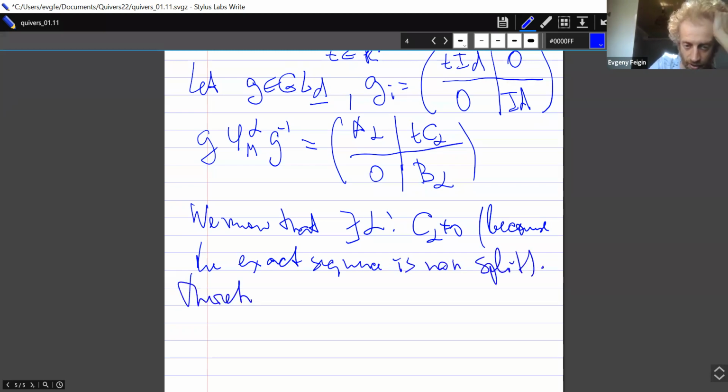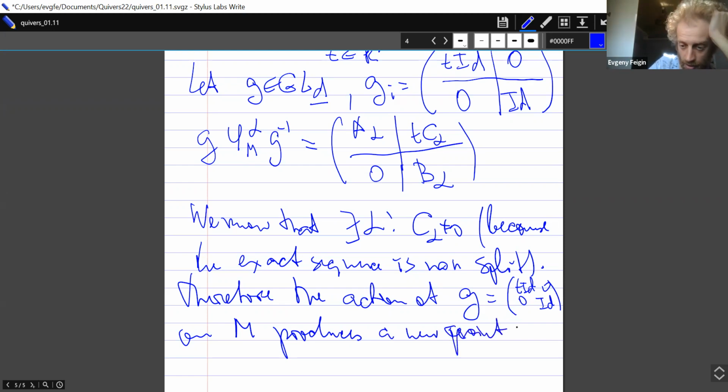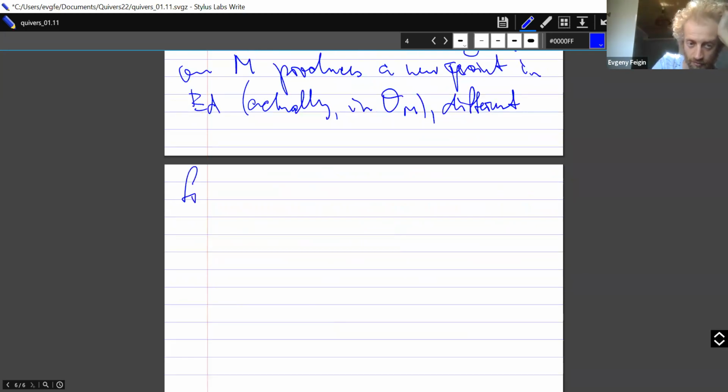So therefore, the action of G, of the form t identity, 0, 0 identity on M produces a new representation, a new point in Ed, actually in OM, different from M.